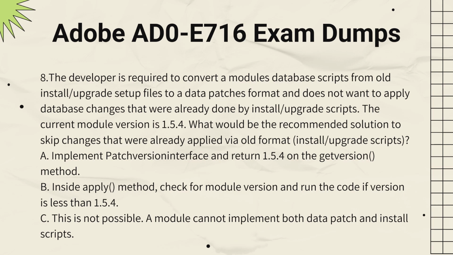A. Implement PatchVersionInterface and return 1.5.4 on the getVersion method. B. Inside the apply method, check for module version and run the code if version is less than 1.5.4. C. This is not possible. A module cannot implement both data patch and install scripts.